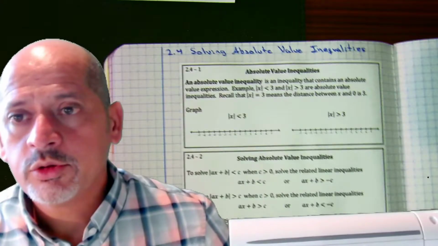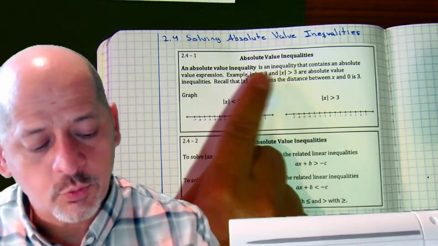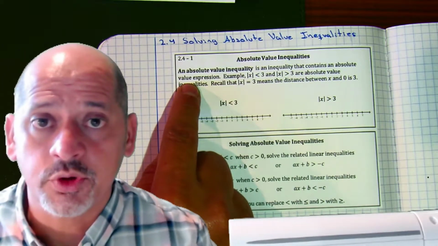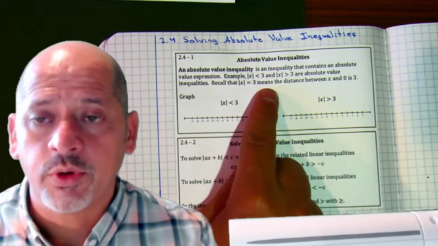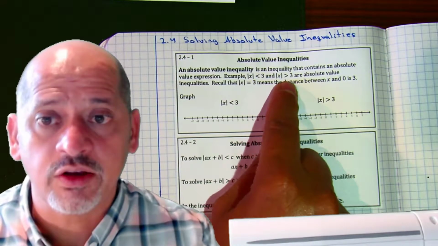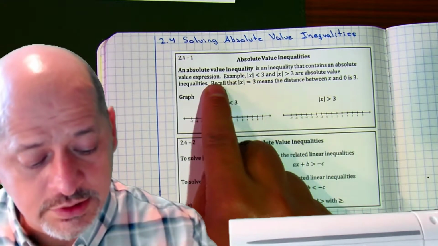So we are going to be covering absolute value inequalities. An absolute value inequality is an inequality that contains an absolute value expression. Simple enough, right? For example, the absolute value of x is less than 3, and the absolute value of x is greater than 3 are absolute value inequalities.